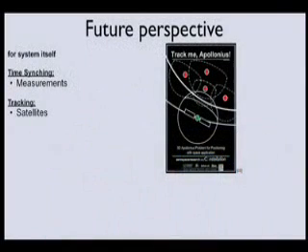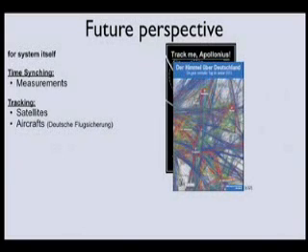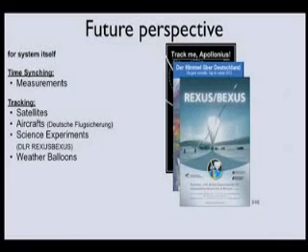And now for the future perspective, besides the time measuring, the first thing I would love to have is tracking satellites, of course, tracking aircraft, that's currently being done. Then helping science experiments or weather balloons, that's the REXUS and BEXUS campaign, that's a rocket and balloon experiment for university students.